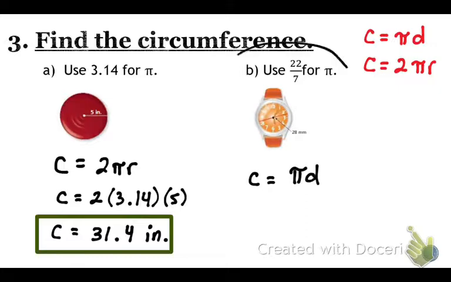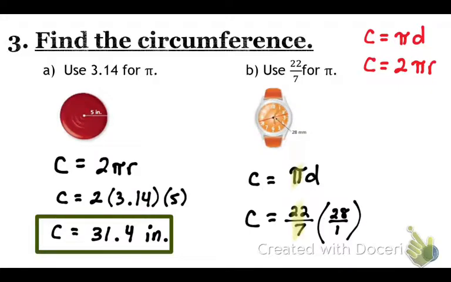Now, if you remember, going back up here, for pi, it told me to use 22 over 7. So instead of pi right here, I am going to put 22 over 7. Now I still have to multiply that by the diameter. Remind me again, guys, what was my diameter? 28. And I could say 28 over 1 if I wanted. Is there anything here that can be cross-reduced?